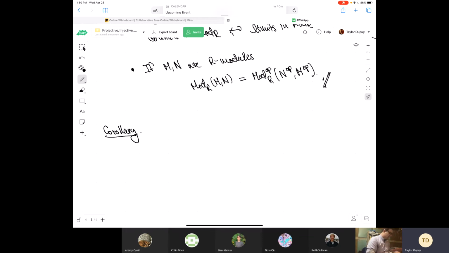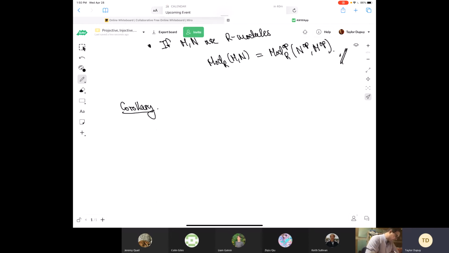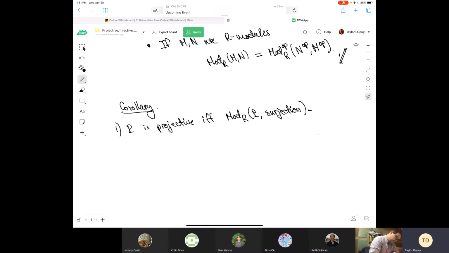One, P is projective if and only if, and I'm going to do some shorthand here, Hom_R(P, -) of a surjection is a surjection.